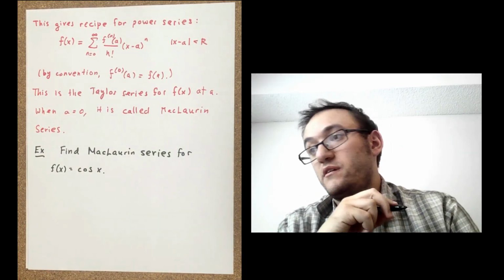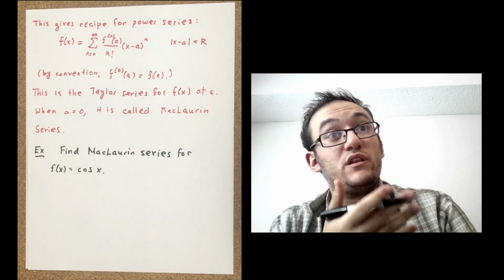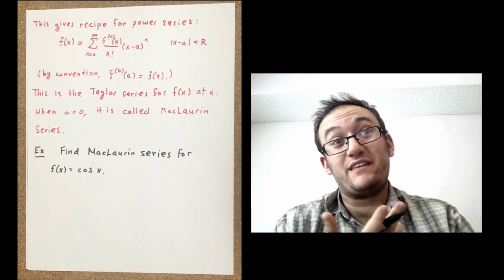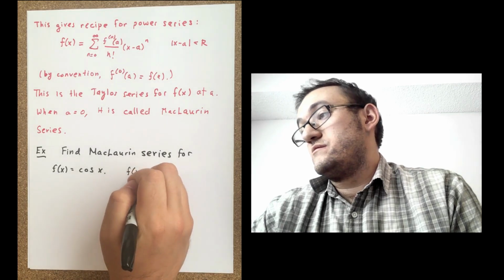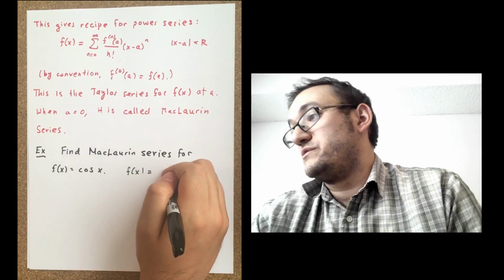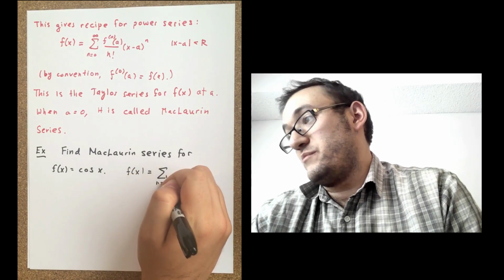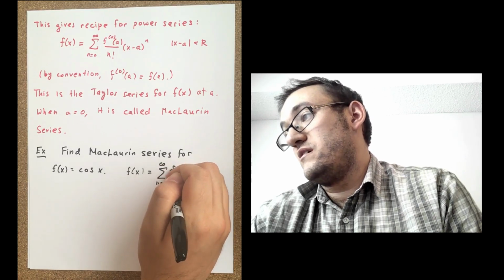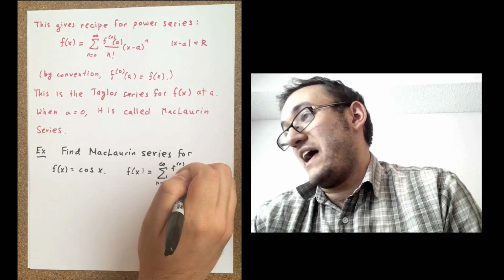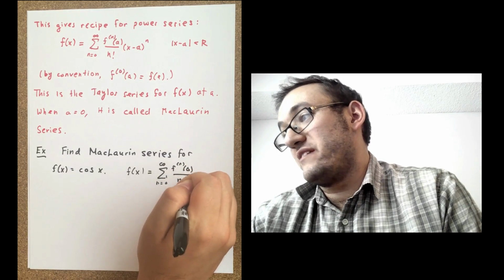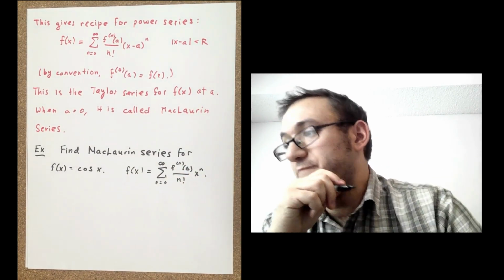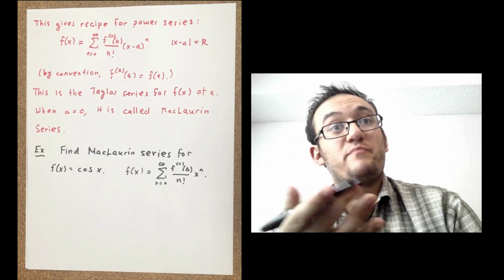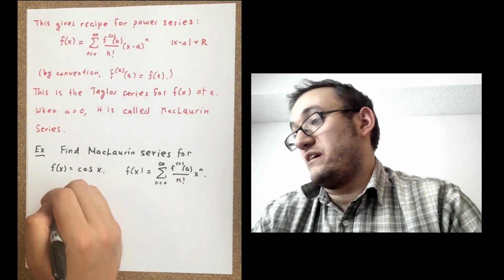Okay? So, because we're looking at a Maclaurin series, that's the Taylor series at a equals 0, so f of x will be equal to the sum from n equals 0 to infinity of the nth derivative at 0 divided by n factorial times x to the n. Okay? So let's start by figuring out what the derivatives of cosine are.